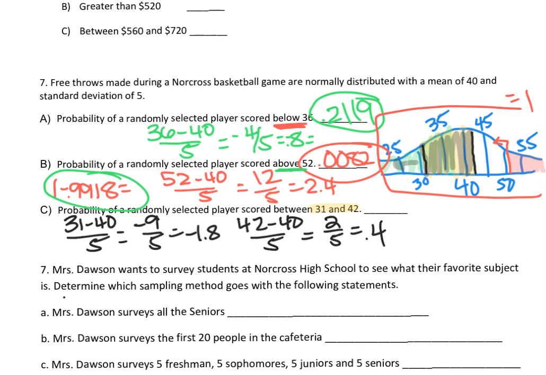So you're going to find 2 z-scores here. The z-score for negative 1.8 is 0.0359, and the z-score for 0.4 is 0.6554. Okay, I'm going to draw a new curve.